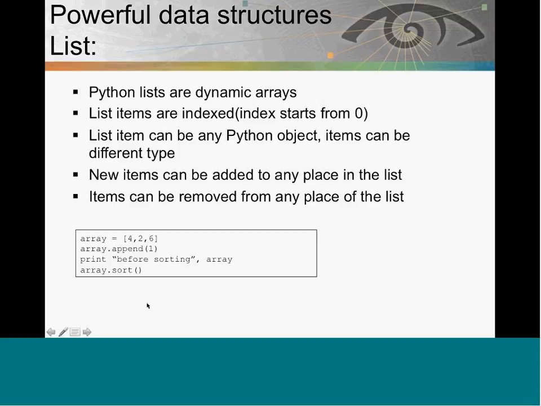The powerful data structure in Python is the list. Lists in Python are arrays whose index starts from 0, and an item can be any object. So you can have a list where many items, for example multiple matrices, are in your list.